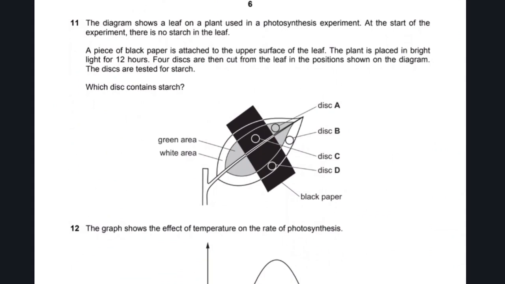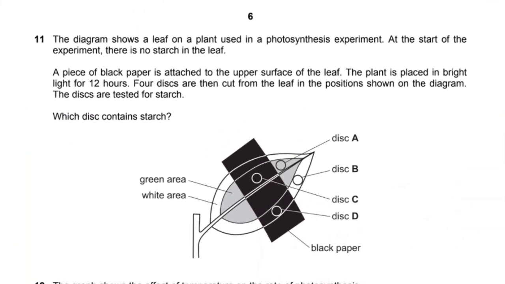Here they have shown the diagram of a photosynthesis experiment where this dark area shows that light is not provided. So disks C and D are the two disks where there is no light. If light is not provided, it means no photosynthesis.